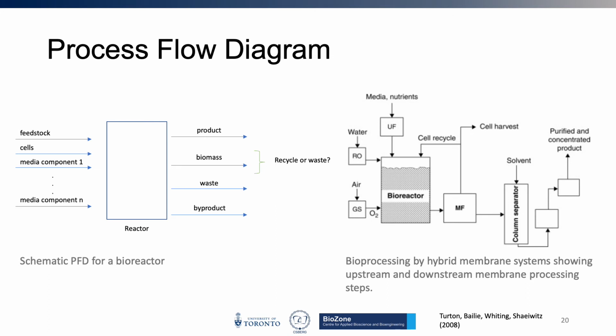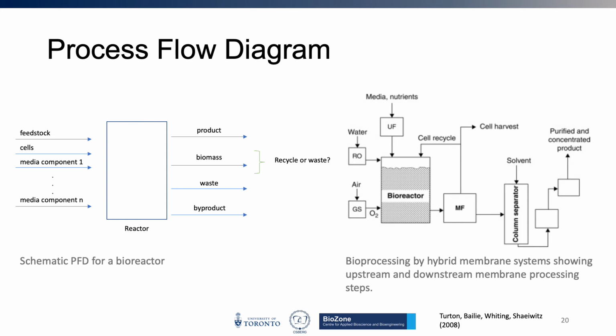What is going in is feedstock, cells, media component 1 to media component N. The substrate would be the feedstock, but the media components are whatever would go in your medium. And then what comes out is your product, your biomass, which depending on your process is either recycle or waste, other waste, and then your byproduct.